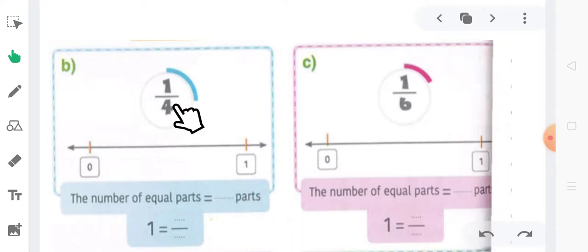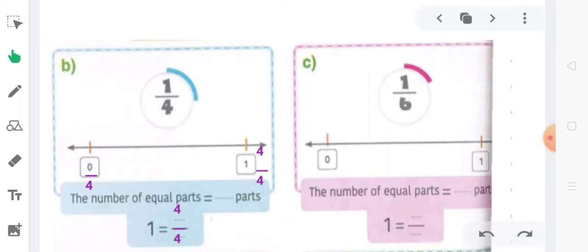Let's see the next. I need to represent the fourth on the number line. Make sure we have 0 and 1, the benchmarks. Okay, excellent. We need to make 0 and 1 as fractions. Go to the denominator. Okay, we make 4 in the denominator, so it becomes 0 over 4. Okay, and 1 is 4 over 4. Excellent. How many jumps, or equal parts? I've got 4. Look at the denominator.